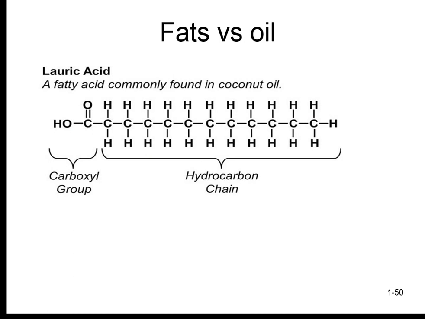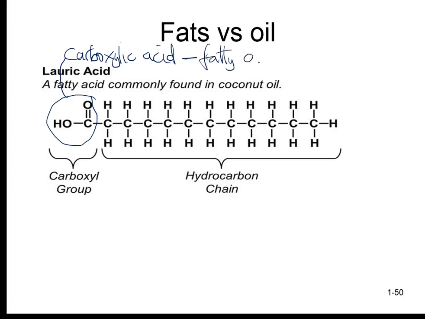So a fatty acid has this part. This is a functional group that we saw last time. It is a carboxylic acid. Because of the presence of the carboxylic acid, we call these fatty acids. They are acids that have fat in them.